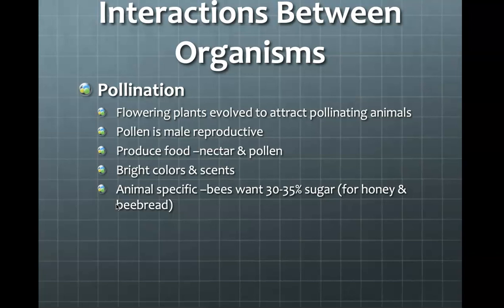I think bee bread is what they make to feed the queen, but don't quote me on that. So they're going to look for very specific plants that have nectar in that range. They can smell it, probably. But again, they start to associate it with colors and scents as well.